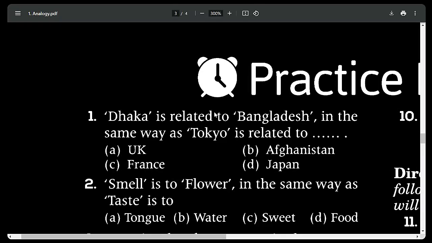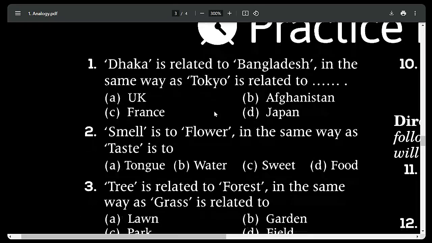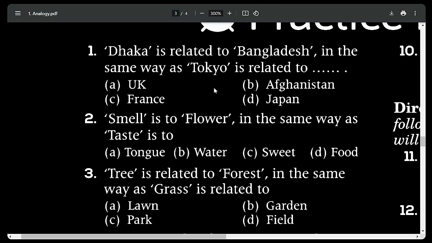Next question. Tree is related to forest in the same way as grass is related to dash. So who is interested to answer, you can raise a hand. Tree is related to forest in the same way as grass is related to dash.